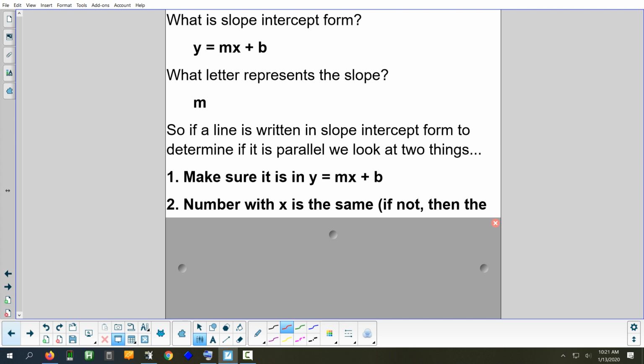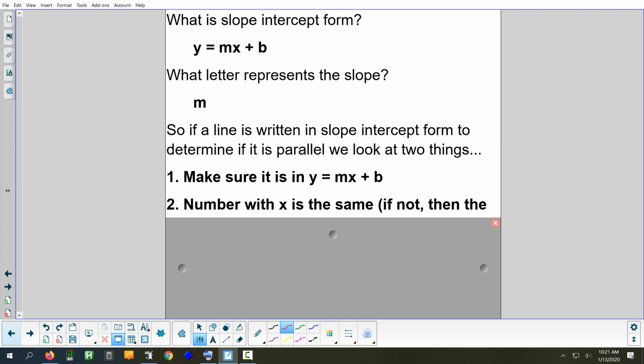So this spot, you have a spot on your guided notes. If a line is in slope-intercept form, and you want to figure out if it's parallel, you've got to check 2 things. First, make sure it's in y equals mx plus b. If it's not, you've got to fix it so that it is.